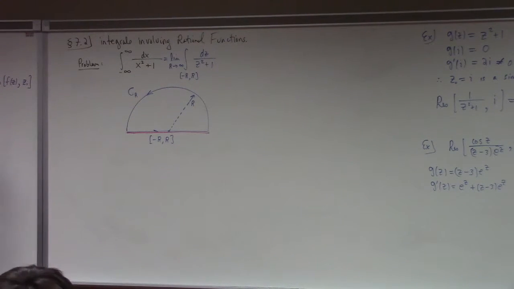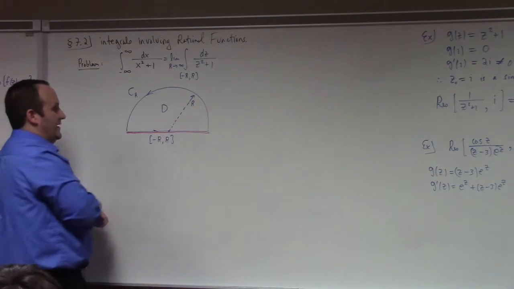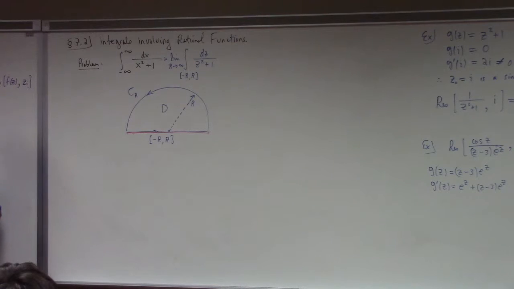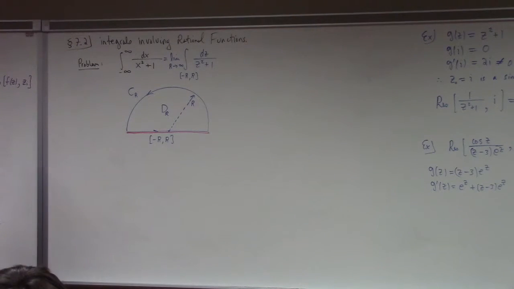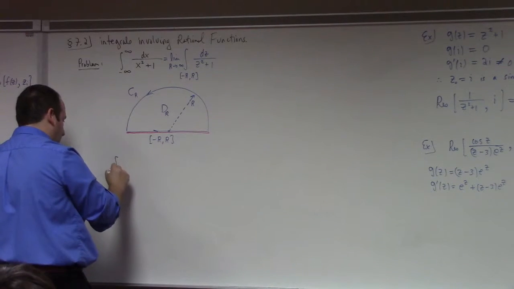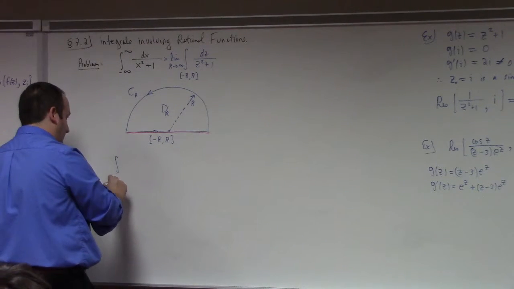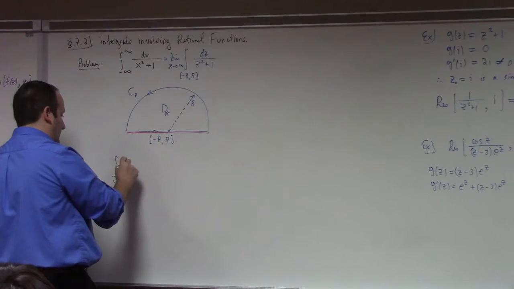All right, so if I look at this as being my domain, I could put a little sub r dependence on it, because here's the domain for radius r. Then we could say, okay, well, the integral over the boundary of the domain of radius r of dz over z squared plus 1 is equal to what?